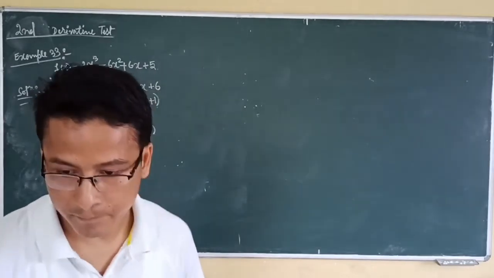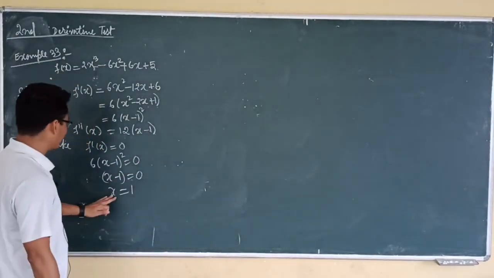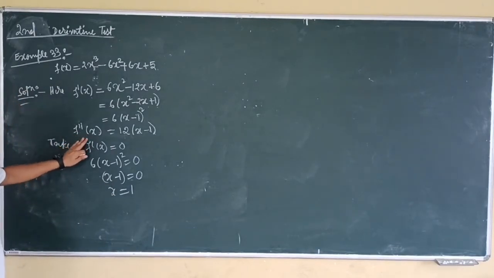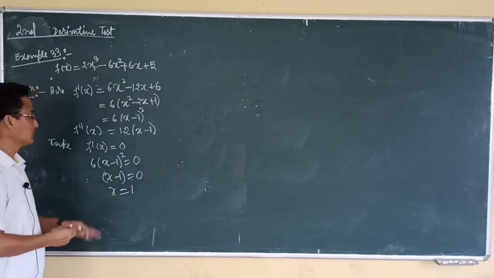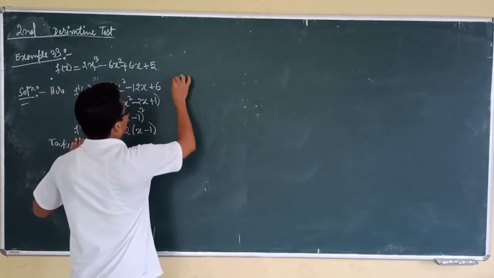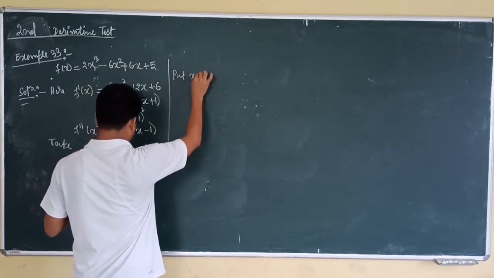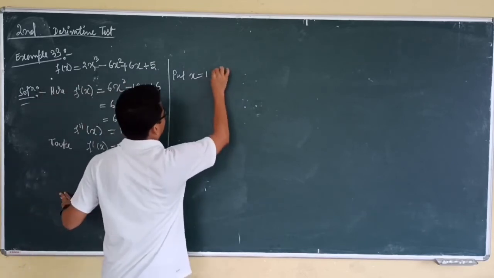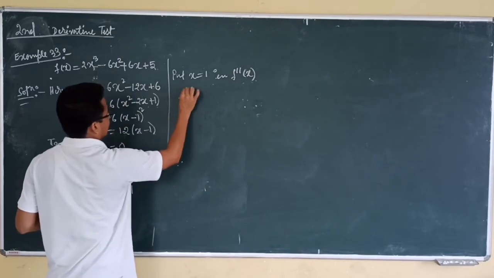Now we will see at x equal to 1 whether the f double dash x value is positive or negative, or is 0. Okay, so now put x equal to 1 in f double dash x, then what we will get?